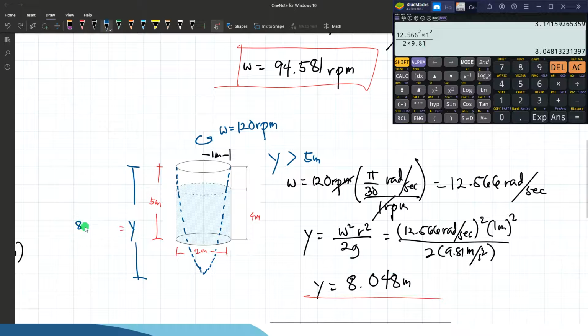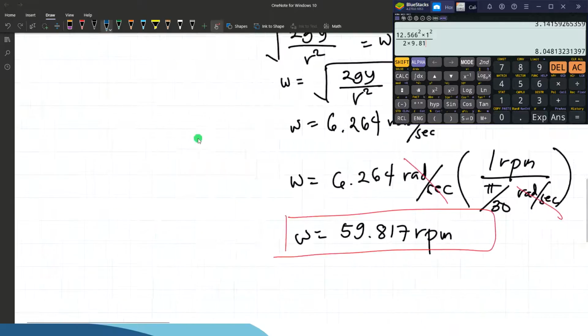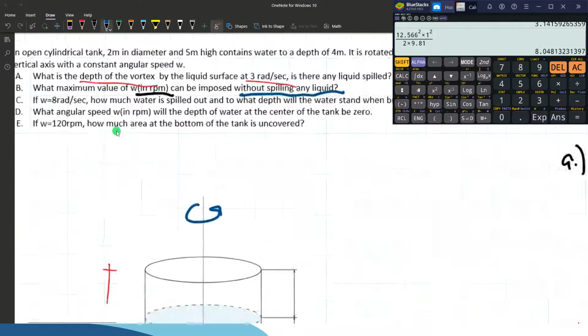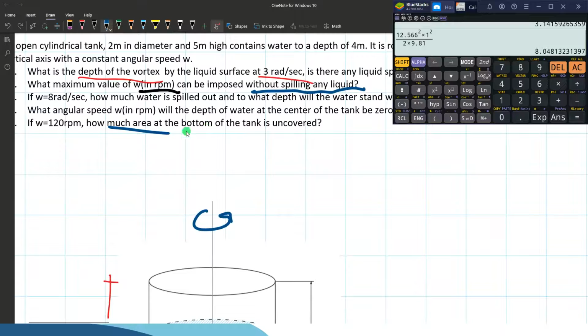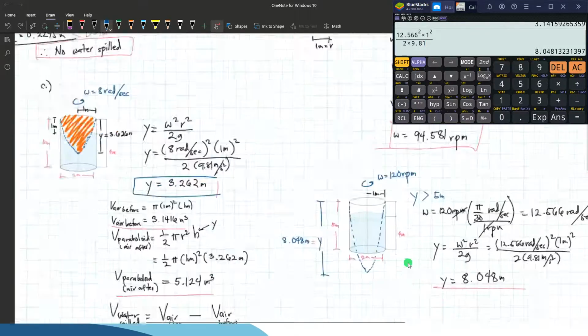8.048 meters. Okay, so what is required in this problem is how much area of the bottom of the tank is uncovered.